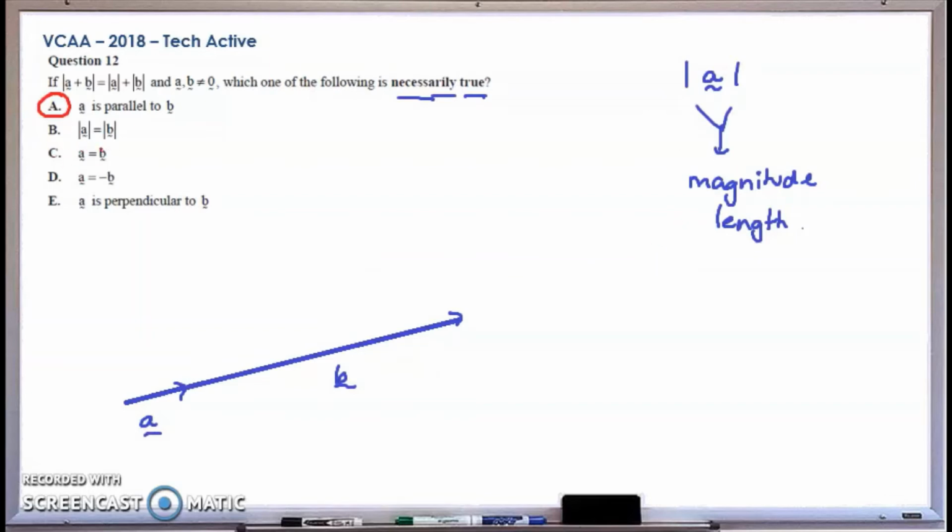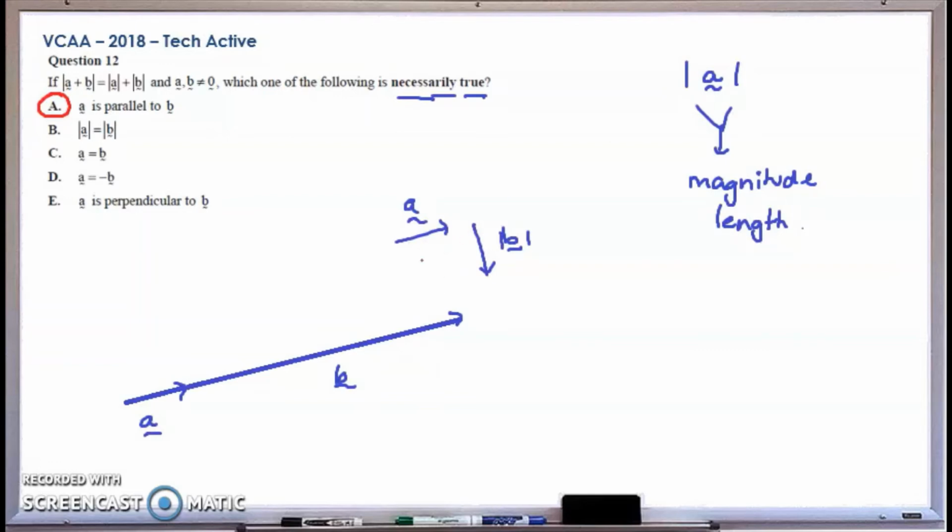If A and B are equal to each other, that's possible, but it's also possible that they're not equal to each other. So it may be true, but it's not necessarily true. What if A has a vector that goes this way and B has a vector that goes this way, and they're both exactly the same length, but they go in different directions?